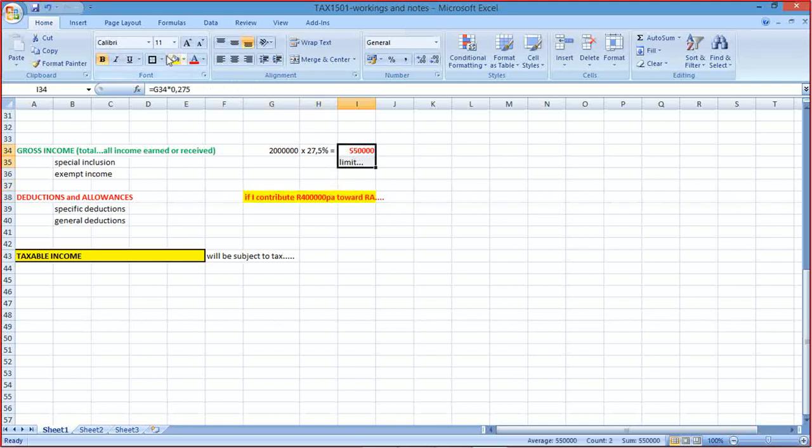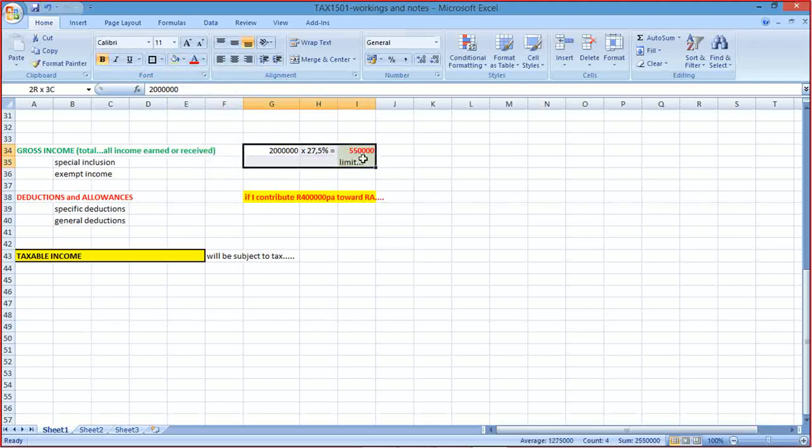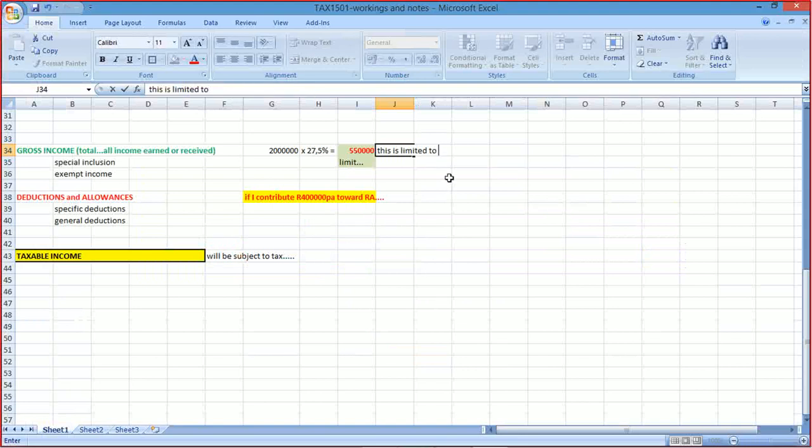SARS says that this 550,000, which is 27.5% of 2 million remuneration, is limited to 350,000. There it is. Do you see that? 350.